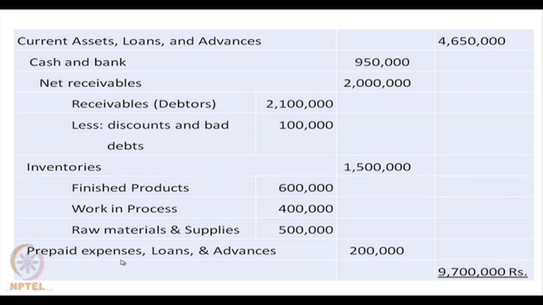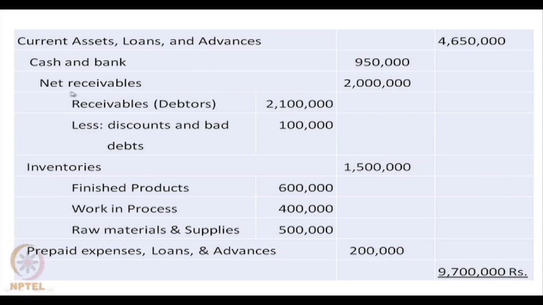Here, cash and bank, that is the amount that we hold in the form of cash and bank, and the amount that we are holding in the current account or the savings bank account is 950,000 rupees.